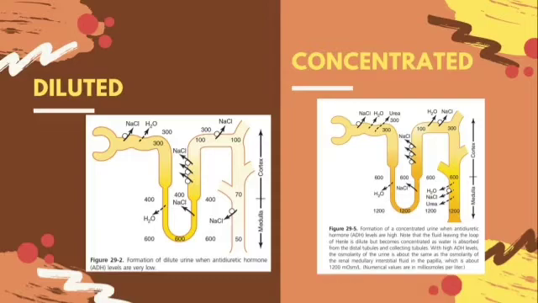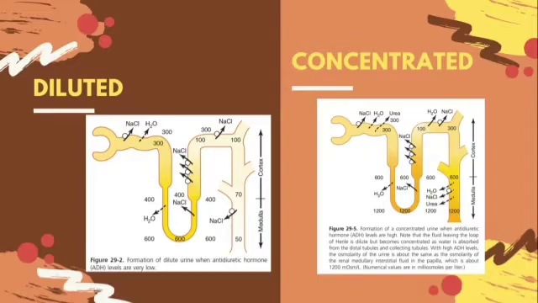After knowing the effect of the antidiuretic hormone on the distal convoluted tubule and collecting tubule, we can now understand how this hormone can result in a diluted urine or a concentrated one. As you can see in the left figure, just focusing on the distal and collecting tubules, there is less solute concentration.